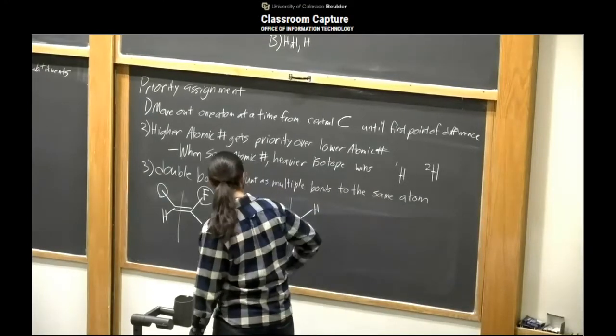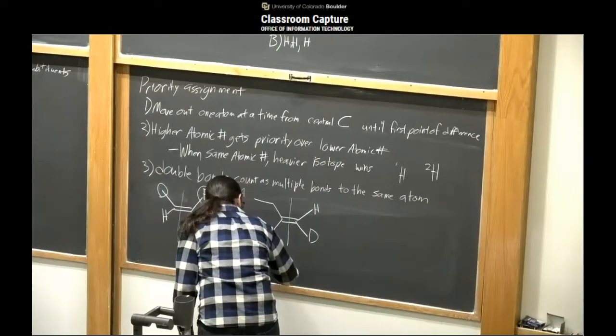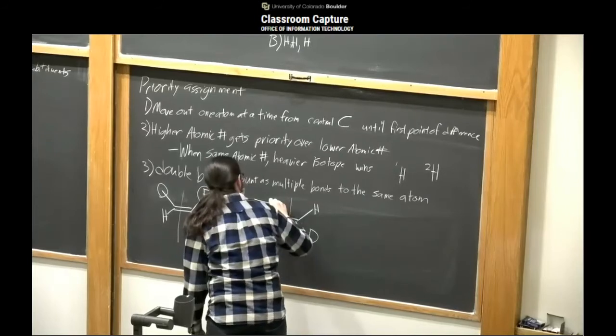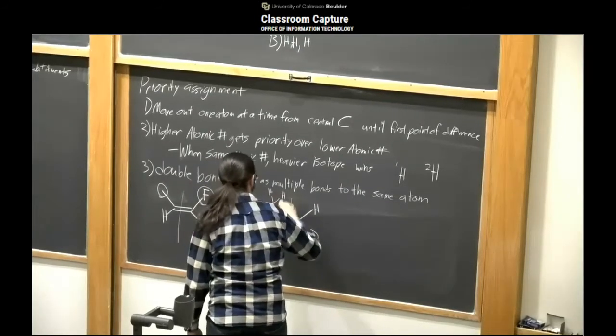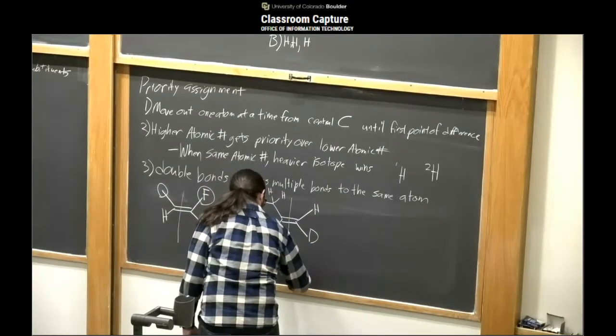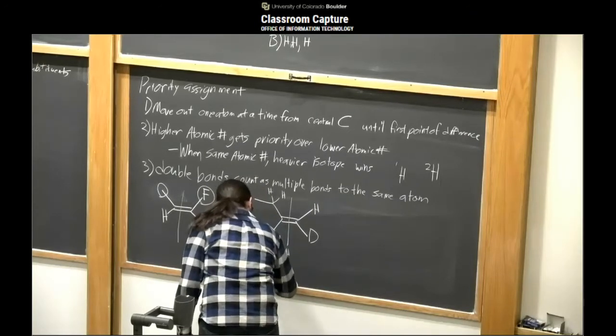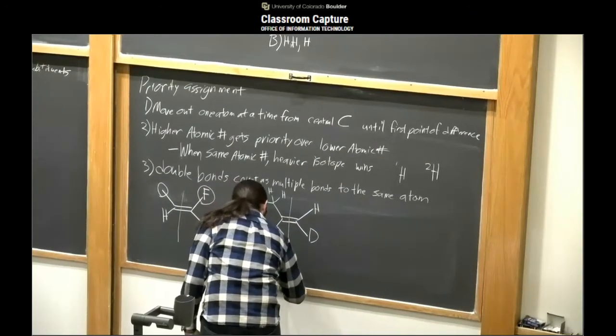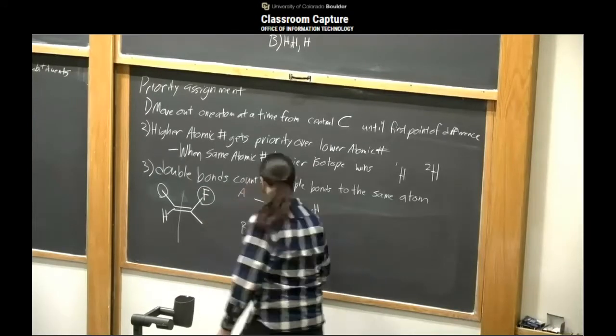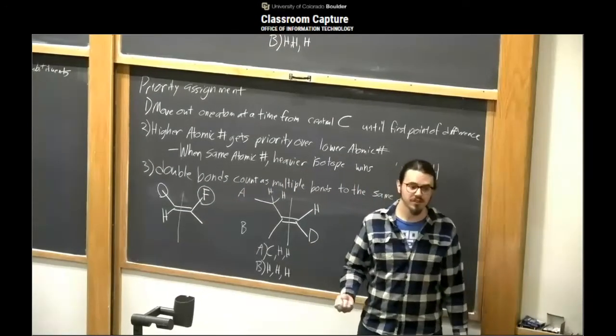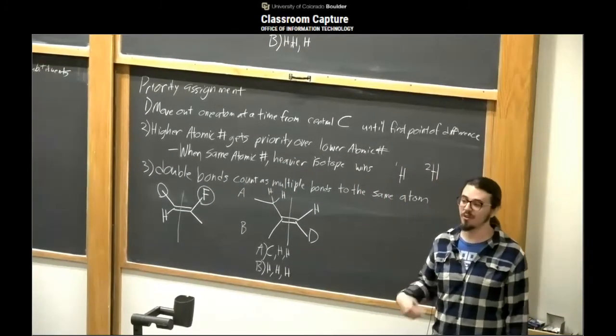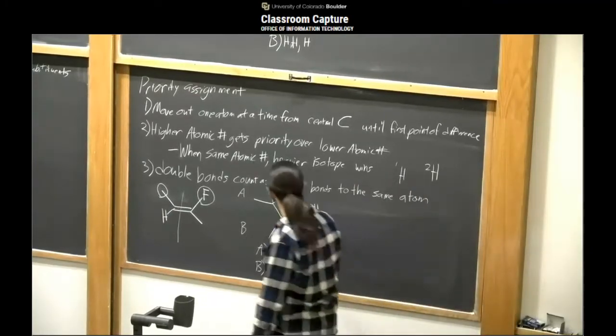Going out to here, on A we have a bond to carbon, a bond to hydrogen, and a bond to hydrogen. And on carbon B, we simply have 3 hydrogens. So again, the ethyl group is going to get higher priority over the methyl in this case.